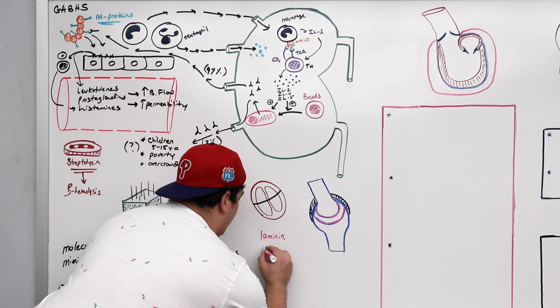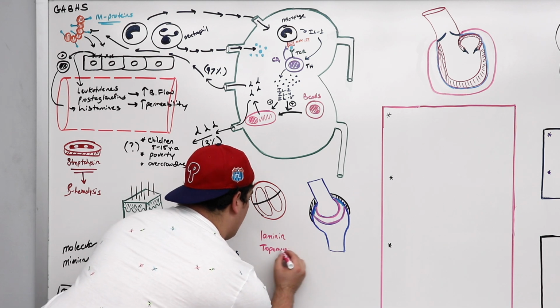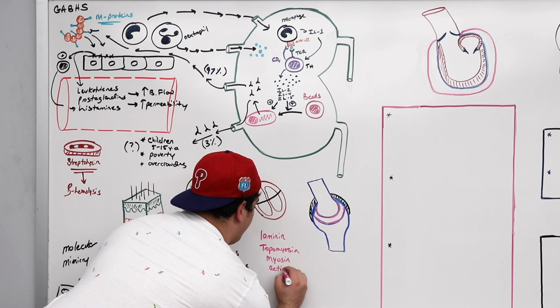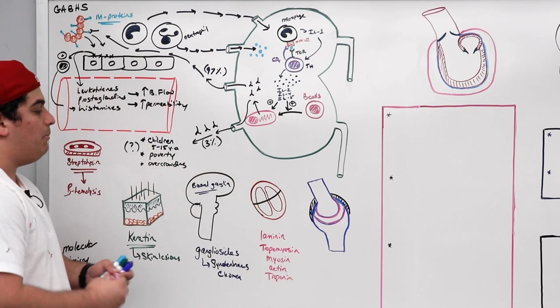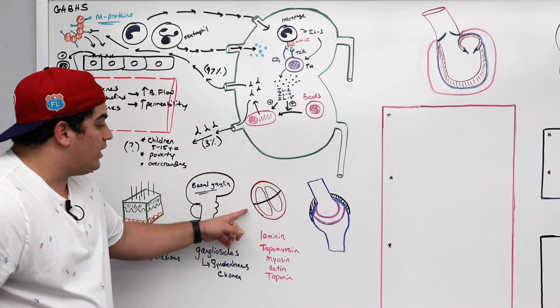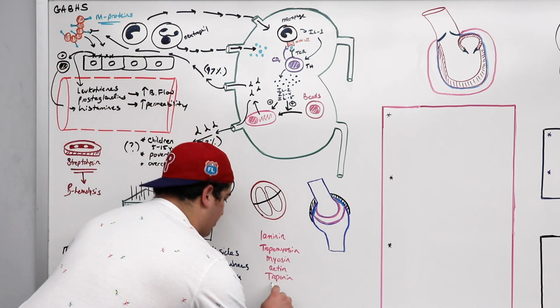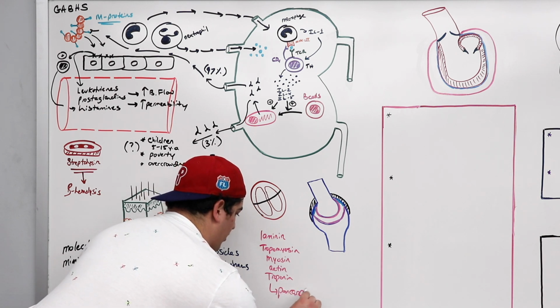Tropomyosin is a big one. Tropomyosin, myosin, maybe even actin, troponin. We can have some of these proteins being attacked. And that's going to lead to what kind of situation? When it affects all three layers, we call it pancarditis.